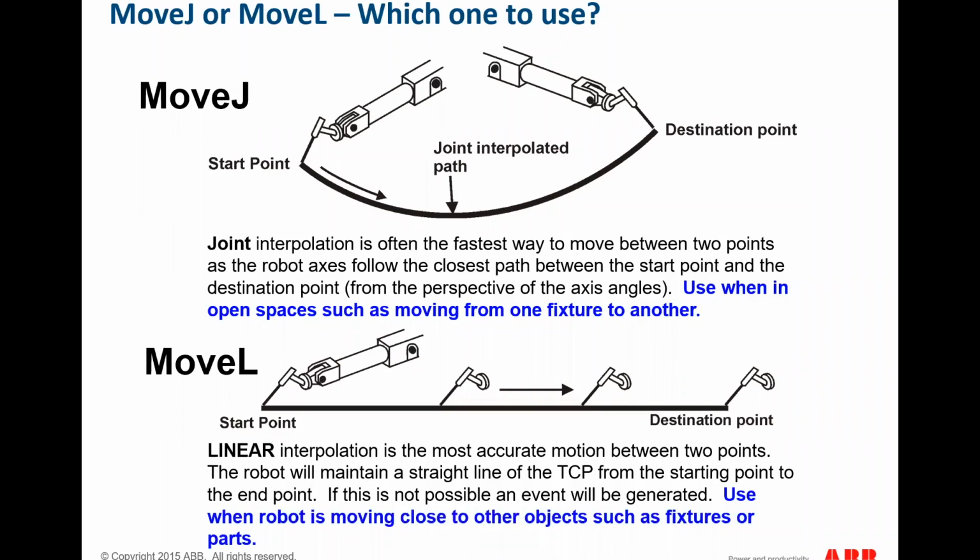For example, in a welding operation, where you want the robot to move straight along a line from one location to another, you use the linear instruction. So that is the main difference.